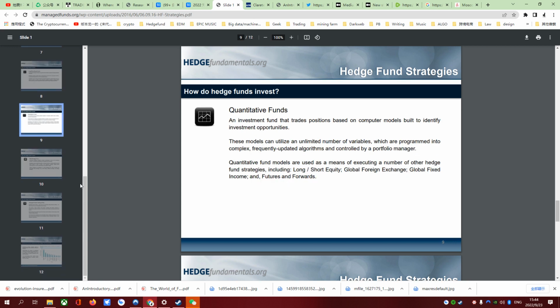Quantitative funds, as I have mentioned before, are a computerized strategy where you use computer models to identify investment opportunities. Most of the modelers utilize different variables to program. They will have different formulas, use algorithms, and use all these coding skills to make money for themselves as a portfolio manager.